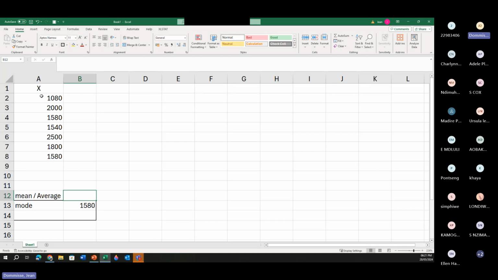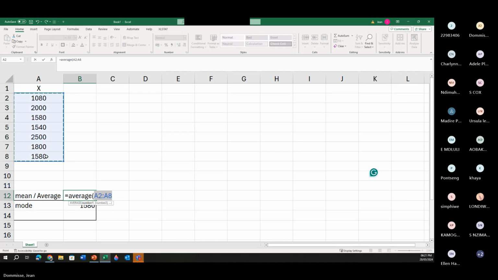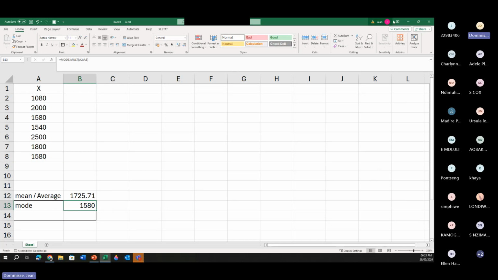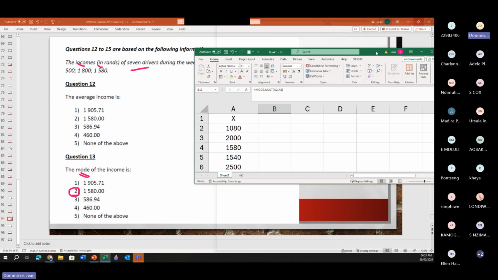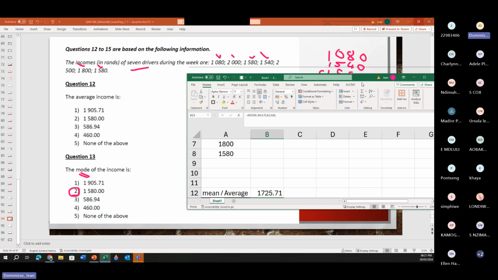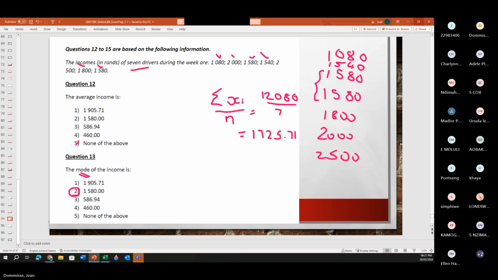Okay, then the average, or the mean, is exactly the same thing. So it was what we worked out, 1725.71. Okay, so it was none of the above. So that was the correct one.